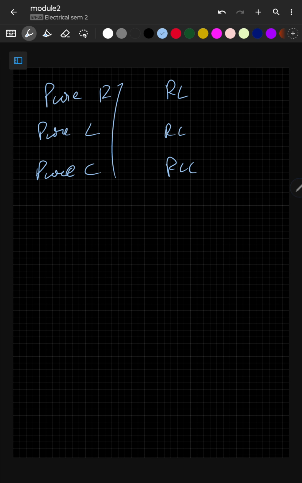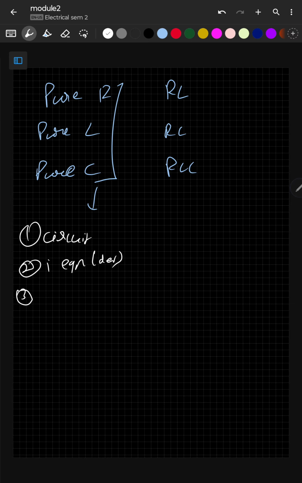For pure R, pure L, pure C, you have to write the following things: circuit diagram, current equation, derivation. Then you have to write the phasor diagram. Then the power equation. And then the waveform.